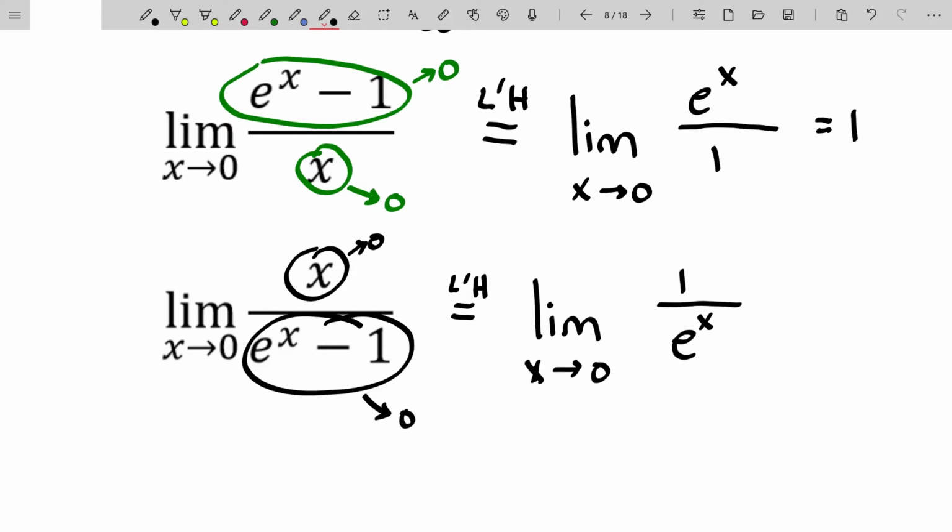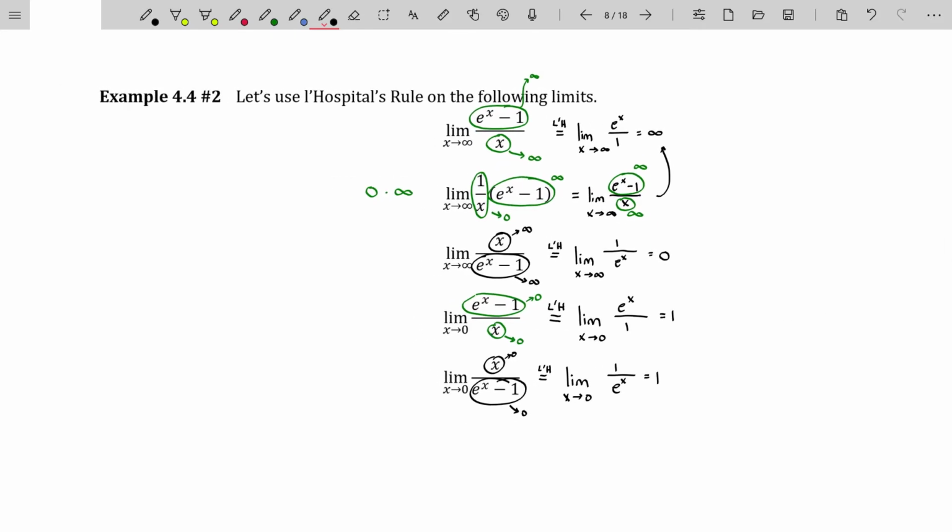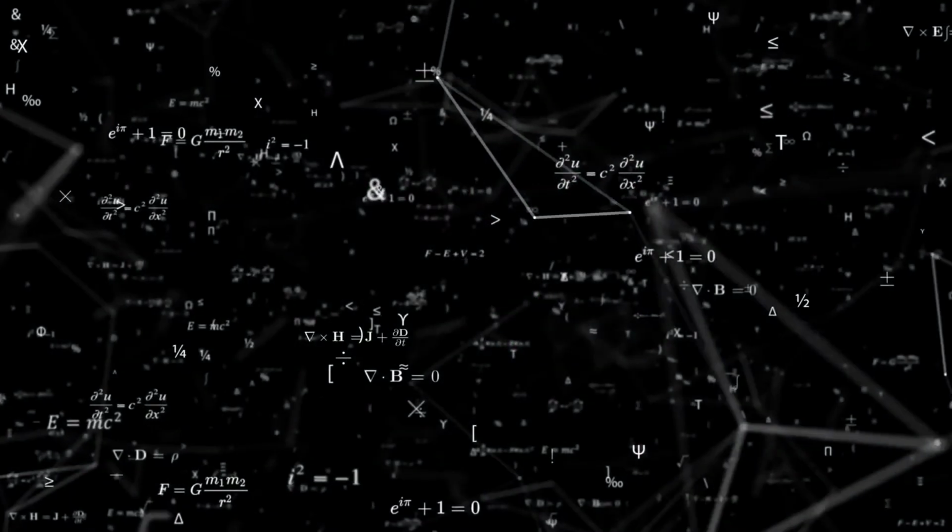As x approaches 0, you get 1 over e to the 0th, which is 1. So those are some quick examples of using L'Hopital's rule on kind of easy problems. In the upcoming videos, we'll grow the difficulty of these and also showcase examples that lead to issues and students tripping up.